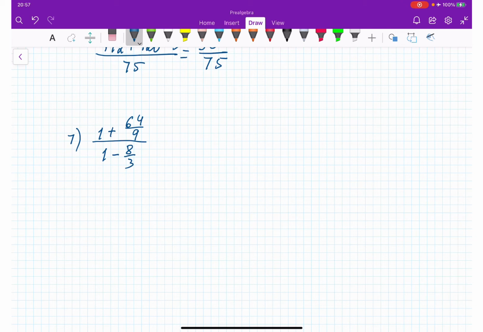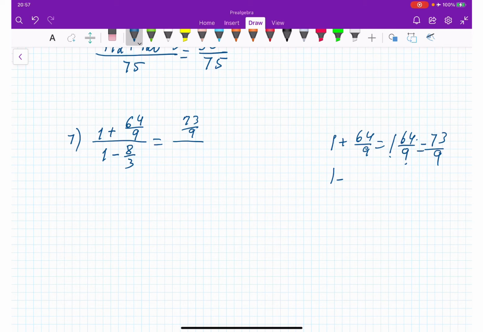So 1 plus 64 over 9 is going to be 1 and 64 over 9. So convert to improper fraction: 1 times 9 is 9, and 9 plus 64 is 73 over 9. So in the numerator we have 73 over 9.